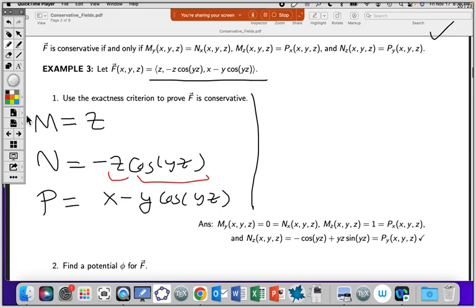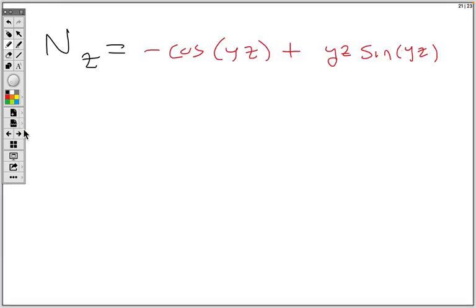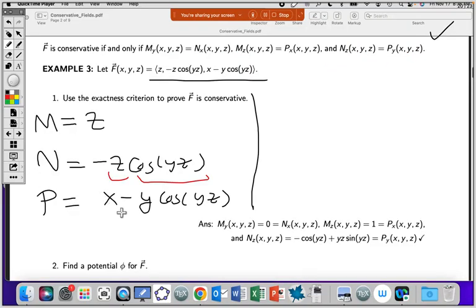And now we got to check that that's going to be the same as the partial derivative of the z component with respect to y. So now I'd be looking at py. So the derivative of x is going to be 0. Once again, what rule do I have to use here?